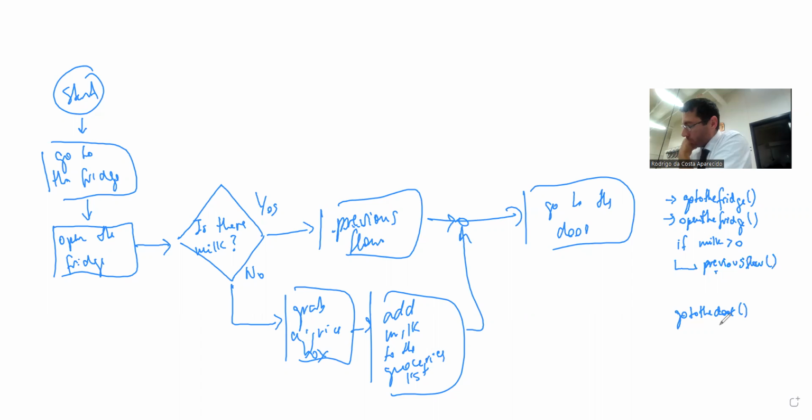However, where do I add this other section? There are two ways of doing this. The way that I draw this is with an else if.